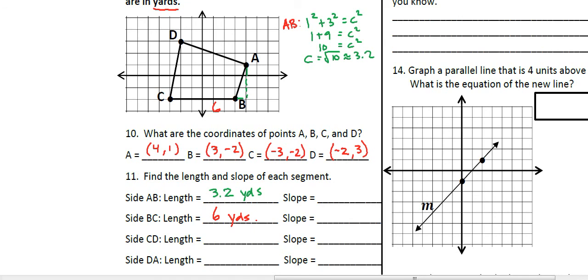Let's go ahead and do DA. So DA, I'm going to make a right triangle, and I'll put it up here. I can still fit one more calculation here, looks like. DA, I've got a leg of 2.